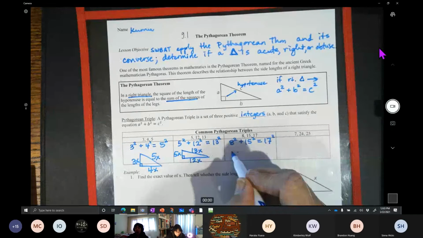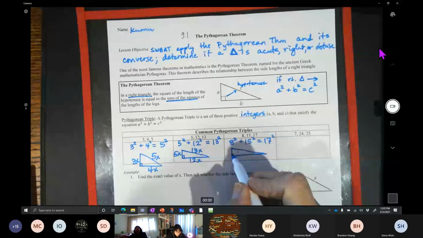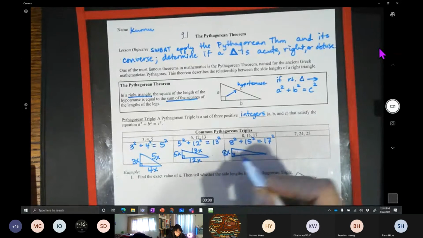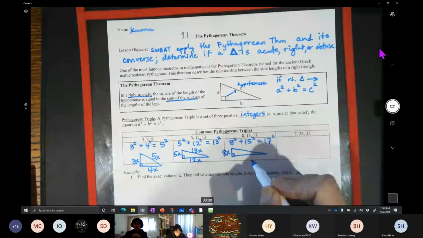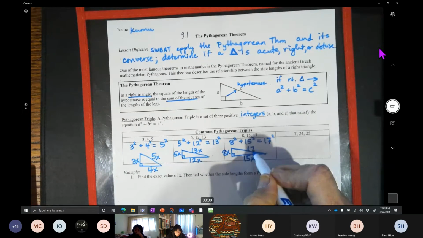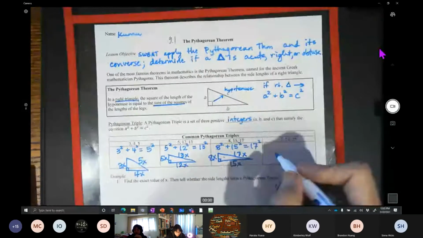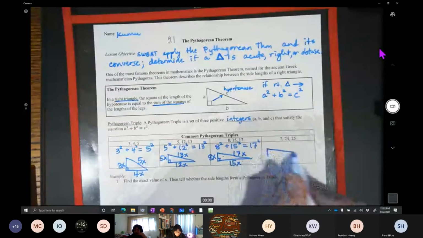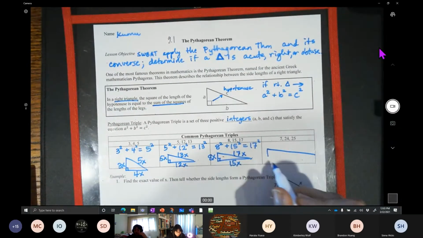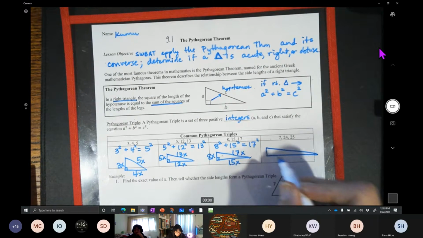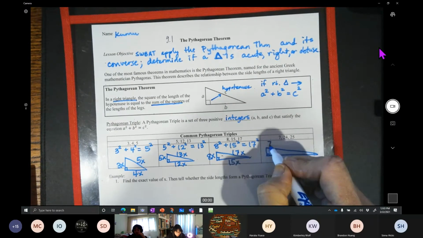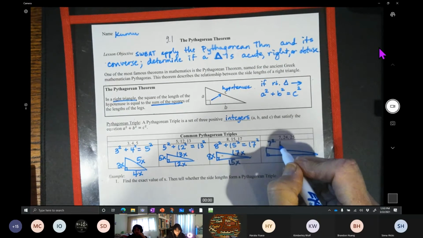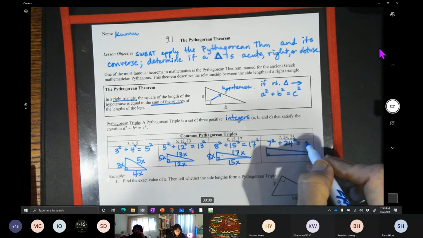So that means that, even longer and skinnier, any ratio with these same numbers will also work. And this is really handy to save time on standardized tests. So if any of you are going to take the ACT or the SAT, knowing these triples is very handy.